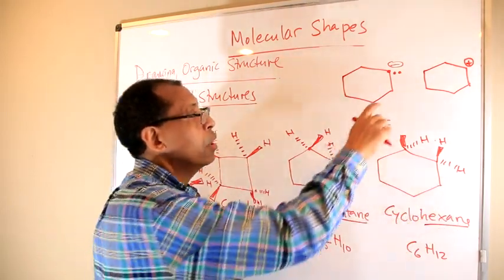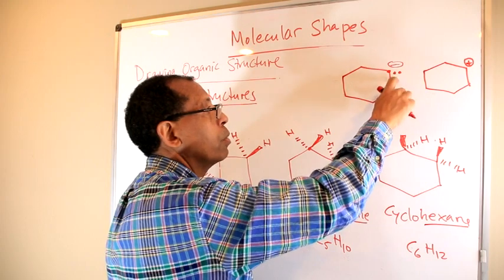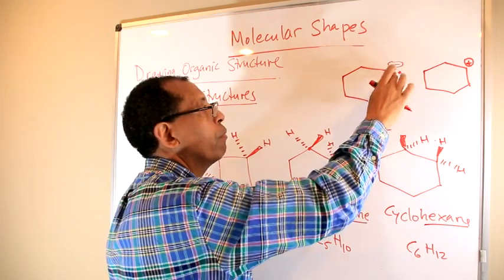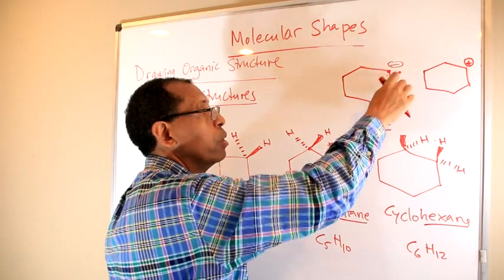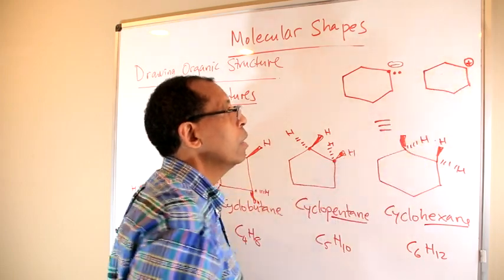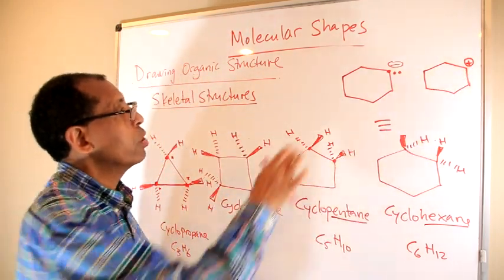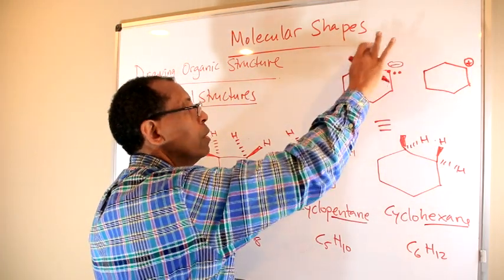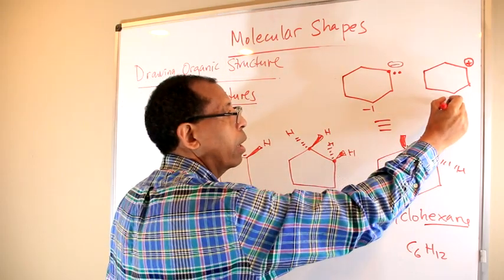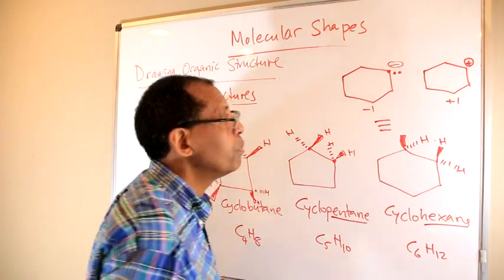If you calculate the formal charge on that carbon, that's what you will see. How do we do the formal charge for this one, for example? The formal charge is a -1 here, and a +1 for that carbon.